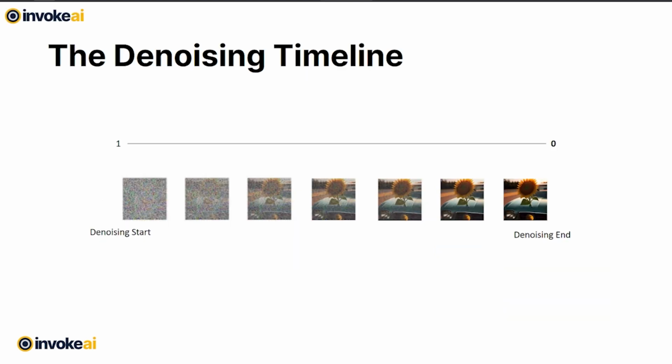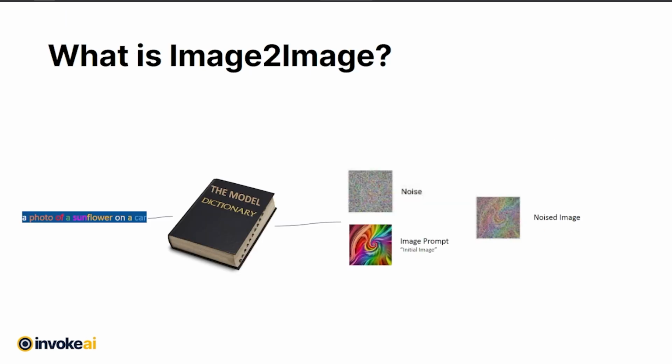When we think about the denoising timeline, we can think about a countdown from 1 to 0. And this is an important concept to understand when we talk about things like image to image. Image to image allows us to pass in an additional prompt into the denoising process, but that prompt, rather than being a text-based prompt, is an image prompt or an initial image.